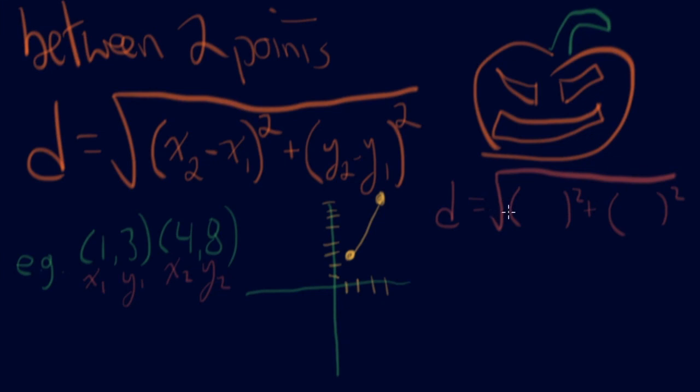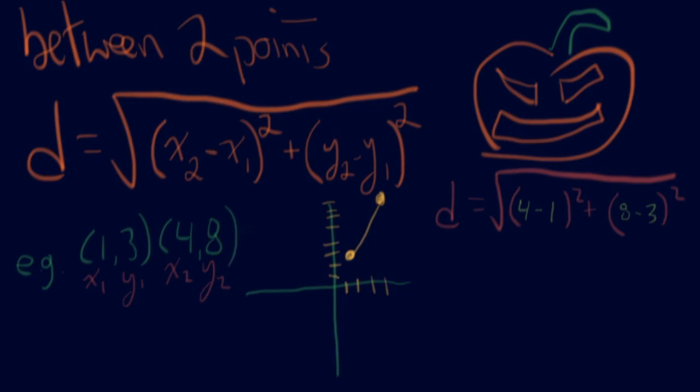For this one, we're going to go 4, now this is important, 4 minus 1, just like that. And the other one is going to be 8 minus 3. Make sure you get the order right. And if for some reason you made this x2, y2, and this x1, y1, you get the same answer. So don't worry.